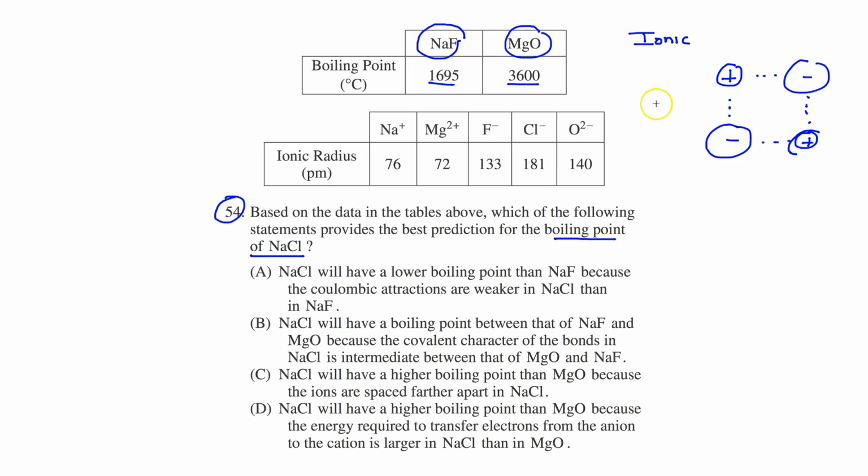Now, these attractive forces between ions, or electrostatic forces, is based on Coulomb's law. And Coulomb's law is equal to some constant times the size of the positive charge times the size of the negative charge, divided by the distance between them. So if you look at that, where does the boiling point of NaCl fall?